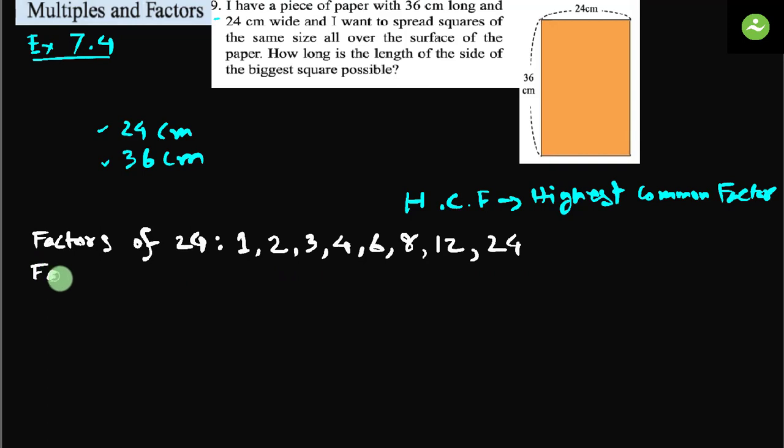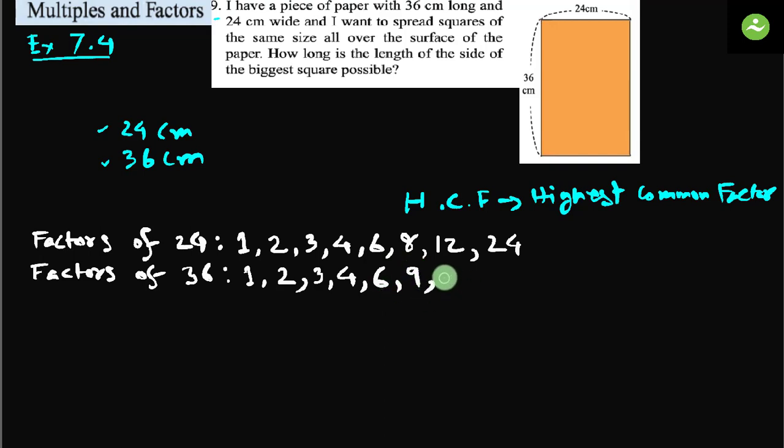Now factors of 36. 1, yes, factor of 36. 2, factor of 36, because 2 divides 36 without any remainder. 3, factor of 36. 4, factor of 36. 6, factor of 36. 9, factor of 36.